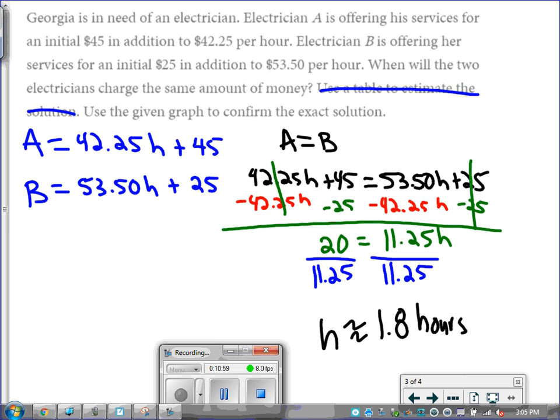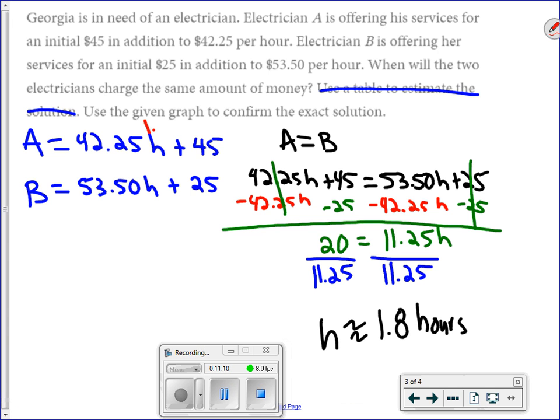We can now estimate the price at which they'd be the same by plugging the 1.8 hours in. So then we would plug in 1.8 for H. And this is killing me to have to use the 1.8, but I'll do it.